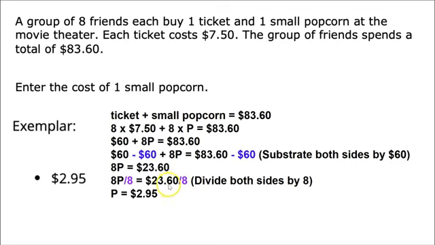So $23.60 has to also be divided by 8, which gives you the cost of $2.95 as the cost of your popcorn. But if you ever want to check your work, plug in $2.95 into your expression. If it doesn't equal $83.60, you did something wrong and you need to figure out where you had your error in your math.